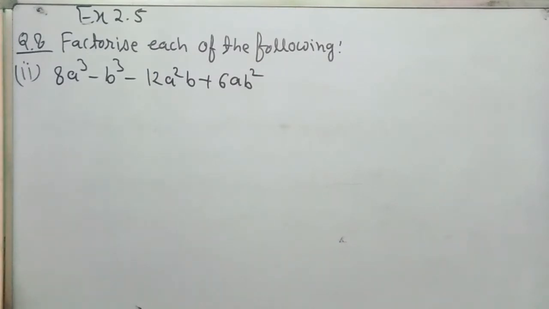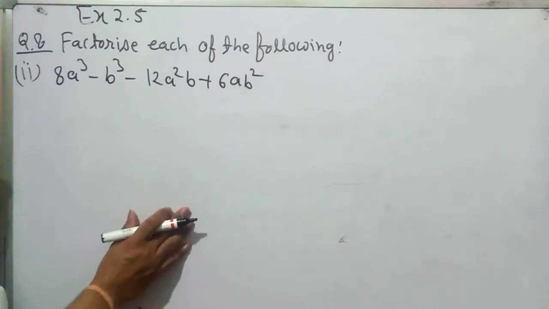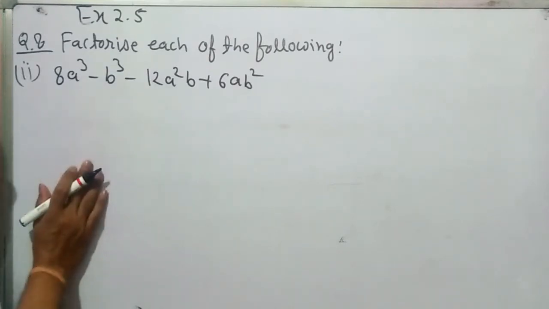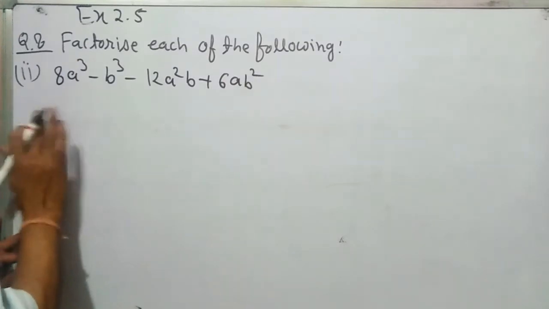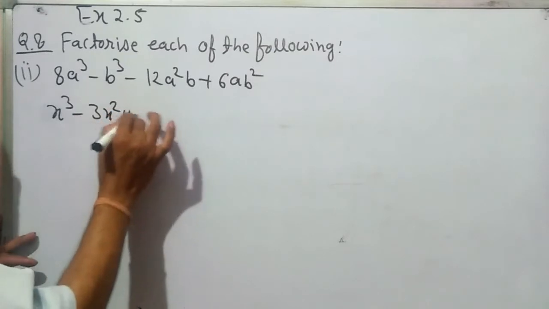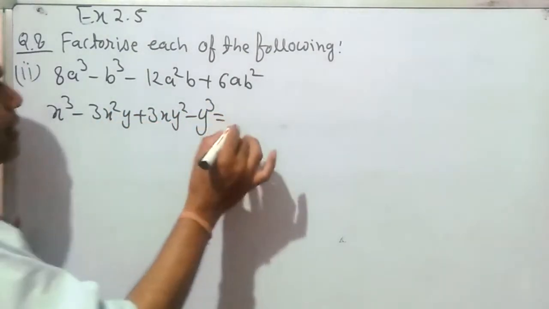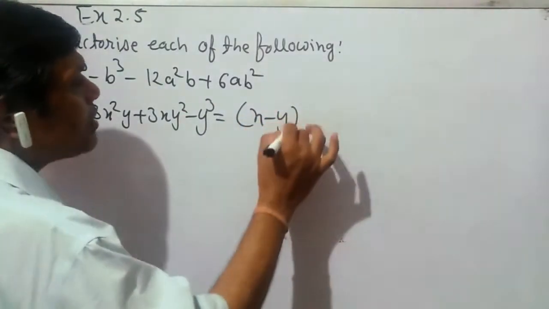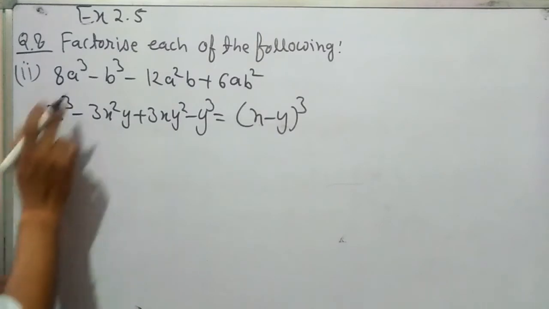In the second part, dear students, we have the same terms, but with a minor difference. There are certain negative signs. So what we identify is, we had the identity x cube minus 3x square y plus 3xy square minus y cube as x minus y whole cube. Here we had 2 negative and 2 positive terms.